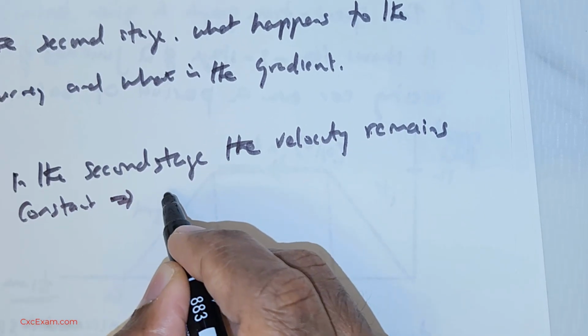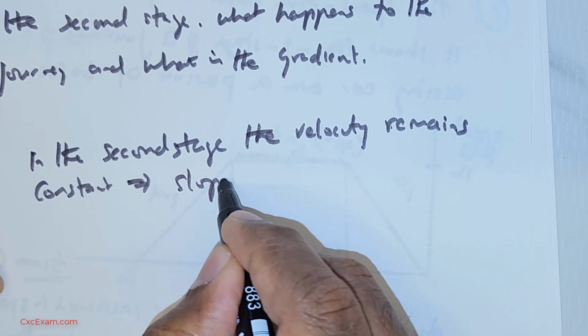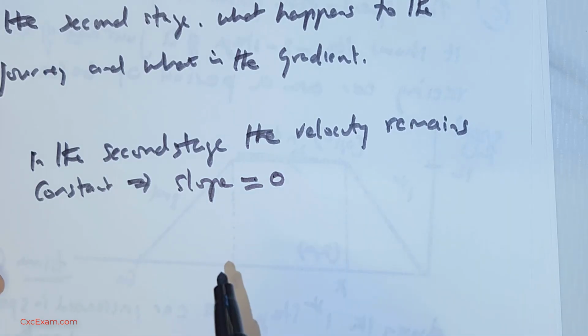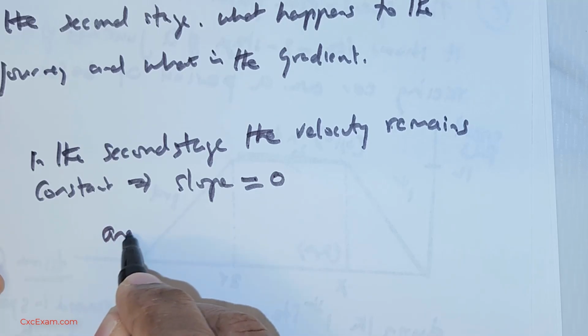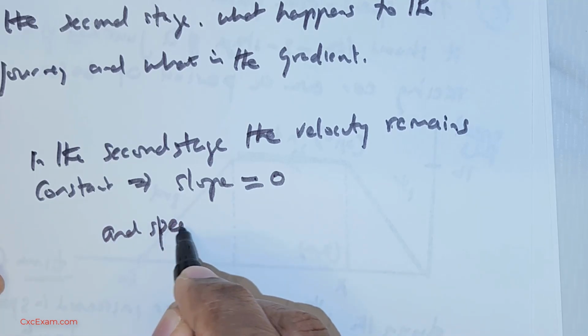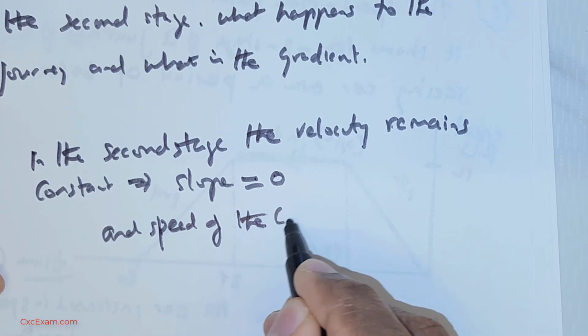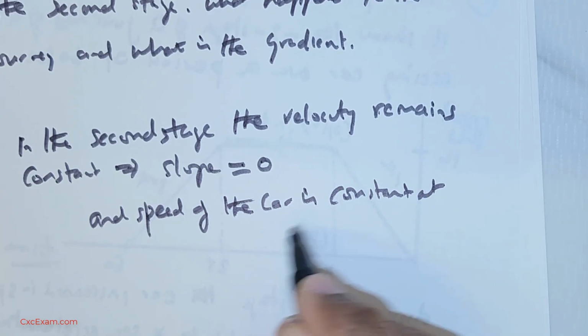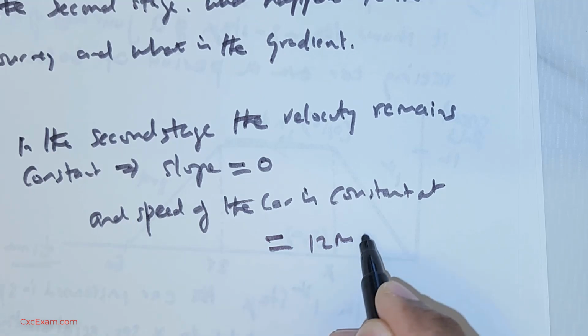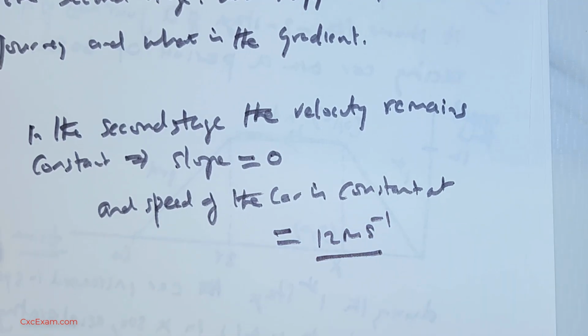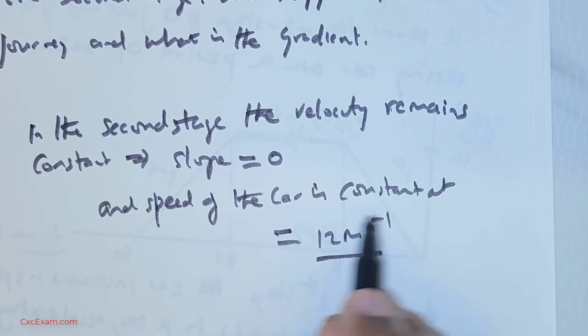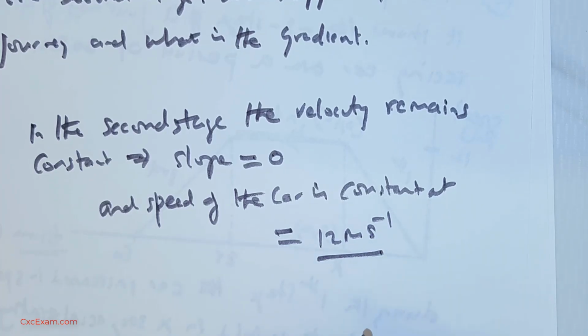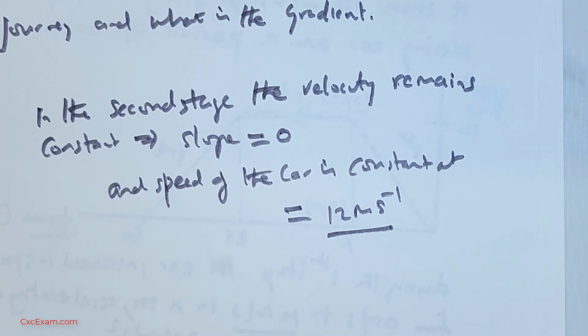This means slope is equal to 0. Okay, and the speed of the car is constant at 12 meters per second. So when the speed is constant, there is no activity, there is no acceleration.